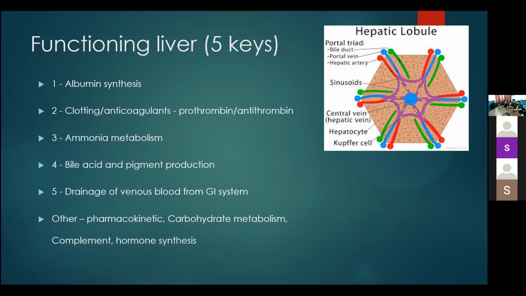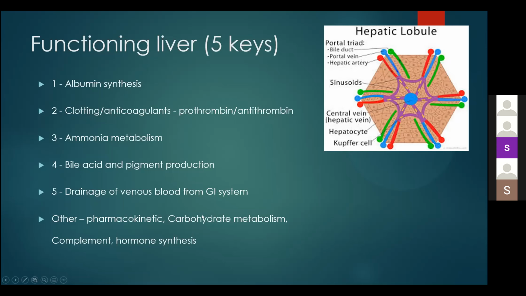It also makes both clotting and anticoagulant factors. So it not only produces clotting factors, which make the clots when you have an injury or start to bleed, it's also very important in making things like antithrombin, which prevents blood clots from forming in the blood as well. So patients with liver disease present with both clotting and bleeding issues.